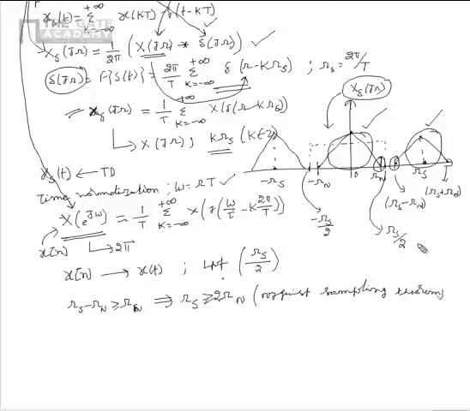Also, please note that the low pass filter that we are using should have a cutoff frequency of ω_s/2 in the time domain. To get the equivalent in the discrete time domain, upon substituting ω_s equal to 2π/T, we see that the cutoff frequency should be equal to π/T.